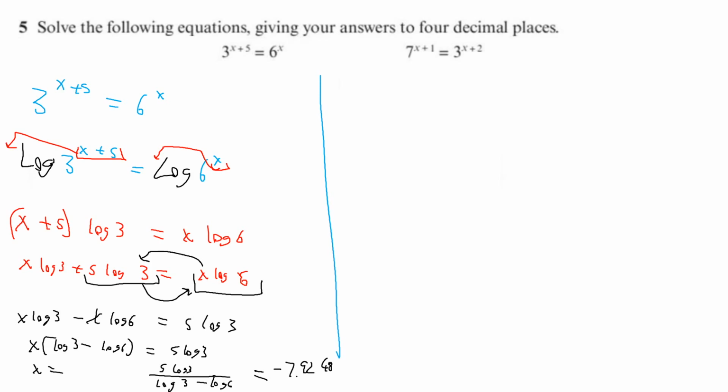And now let's try the other example. 7 to the power of x plus 1 is equal to 3 to the power of x plus 2. Let's take the logs on both sides. So, log 7 to the power of x plus 1 is equal to log of 3 to the power of x plus 2, excuse me.